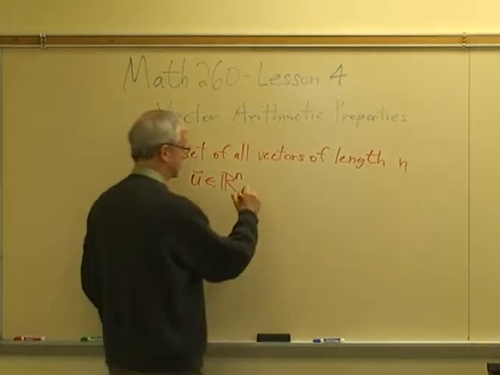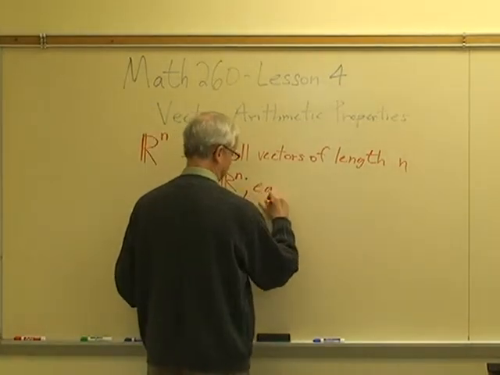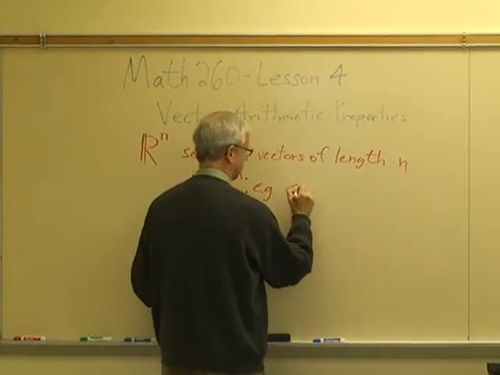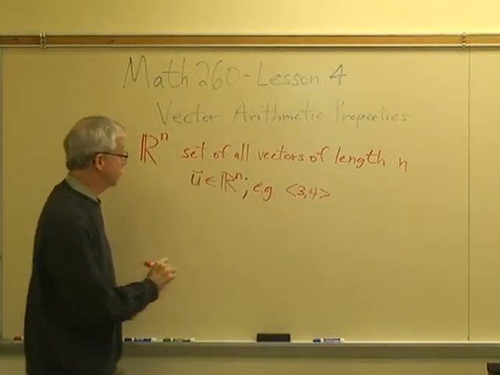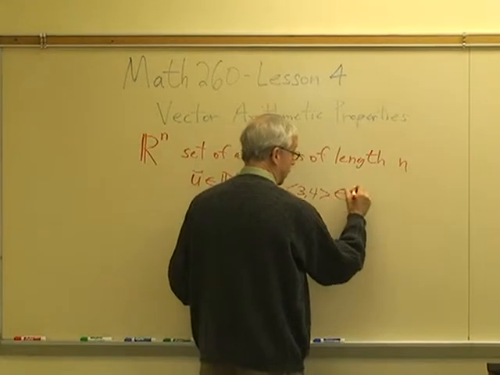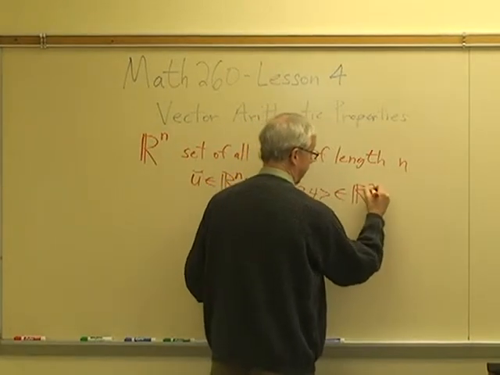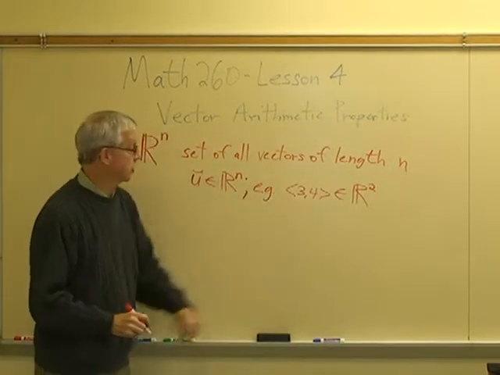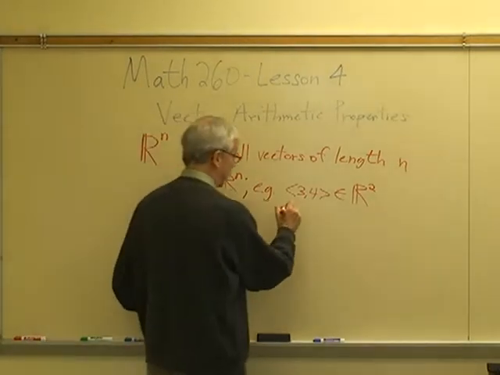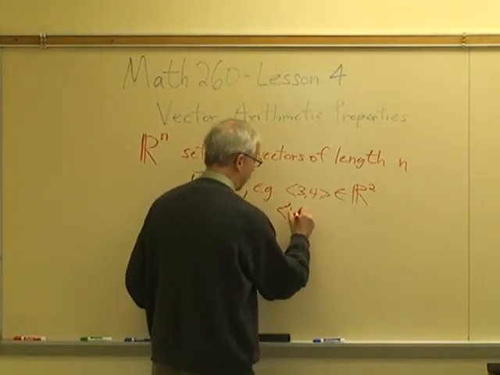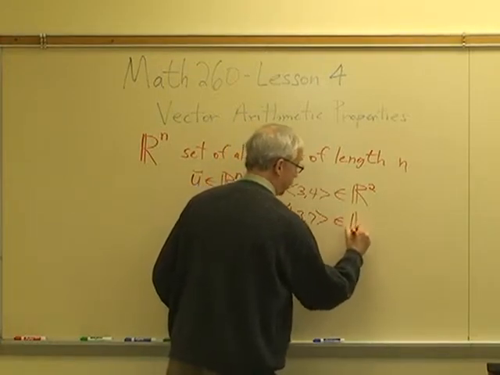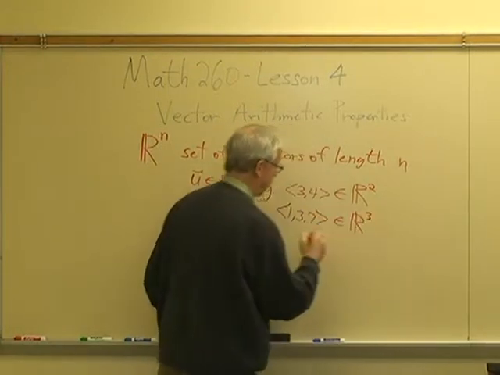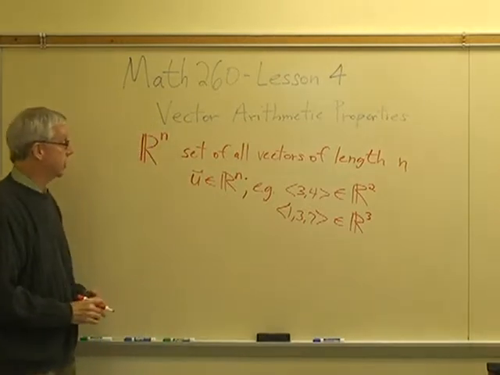So for example, our famous vector (3, 4) of length 5 is an element of R2 because it's a vector with two elements. And the vector (1, 3, 7) lives in R3 because it's a vector with 3 coordinates, or 3 elements, etc.